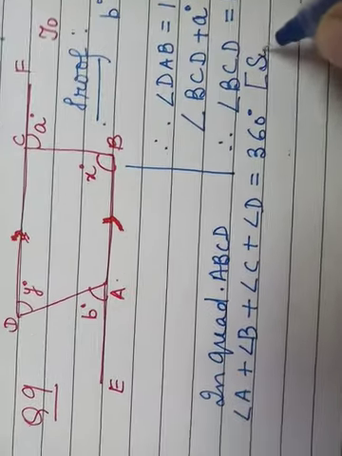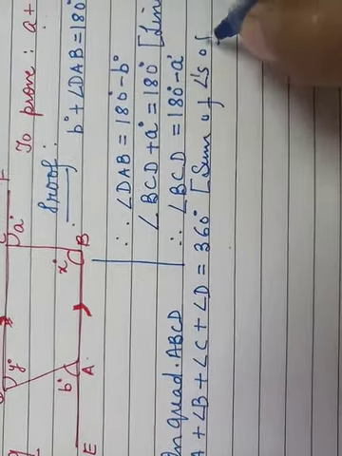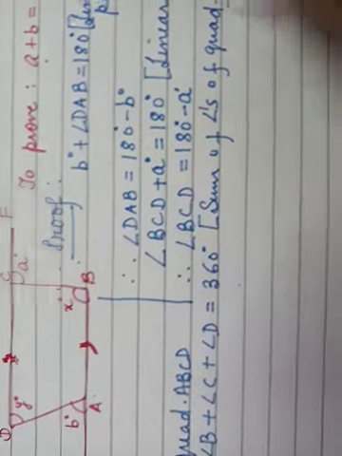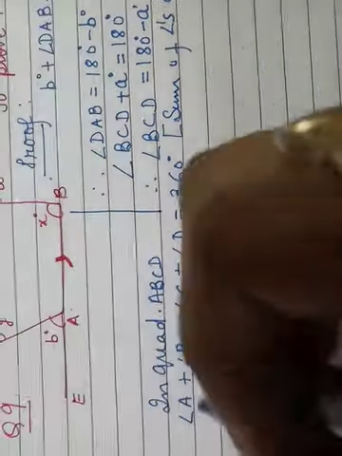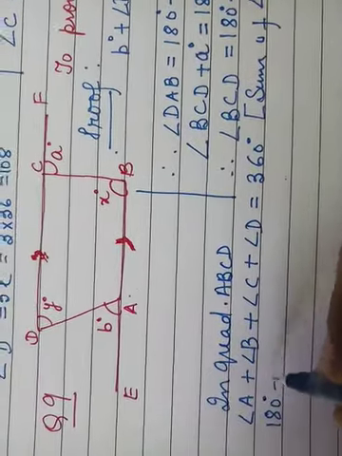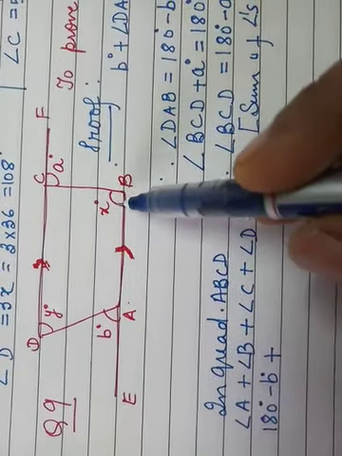Reason: sum of angles of a quadrilateral. Okay. Angle A, we calculated above, is 180 minus a. Angle B is x degrees.